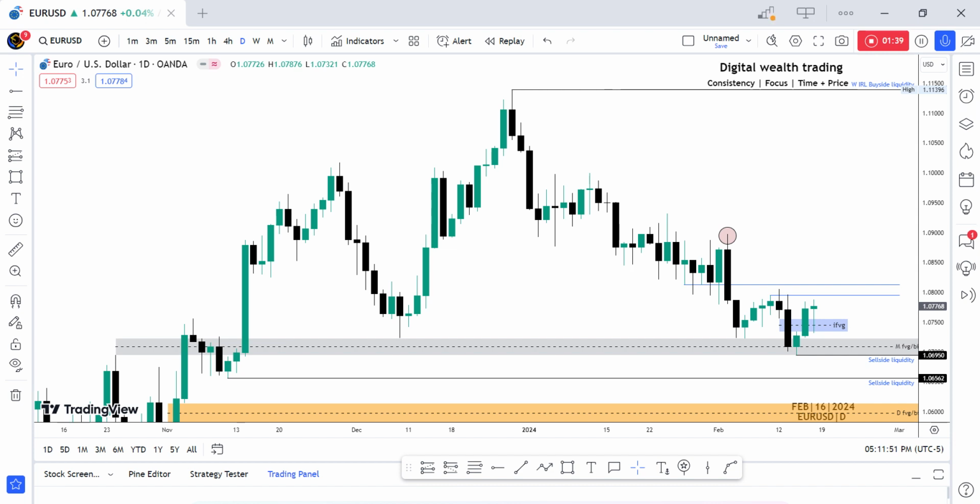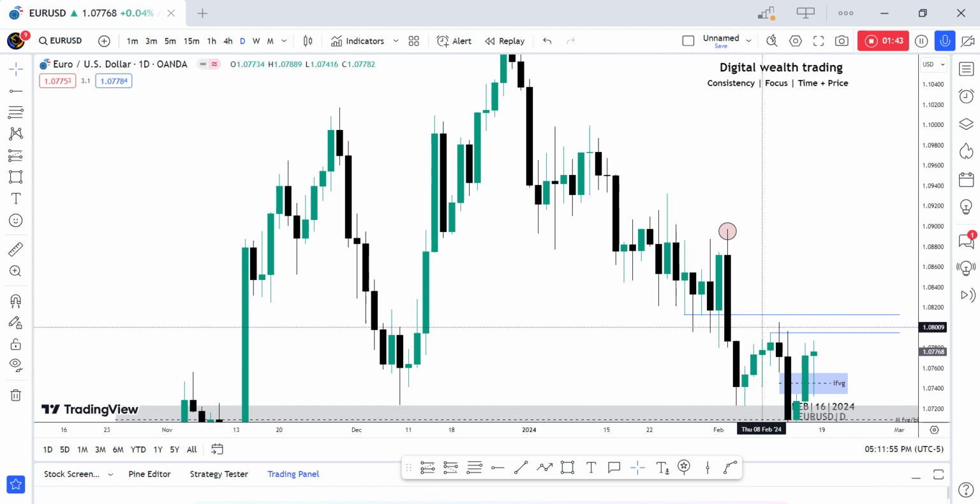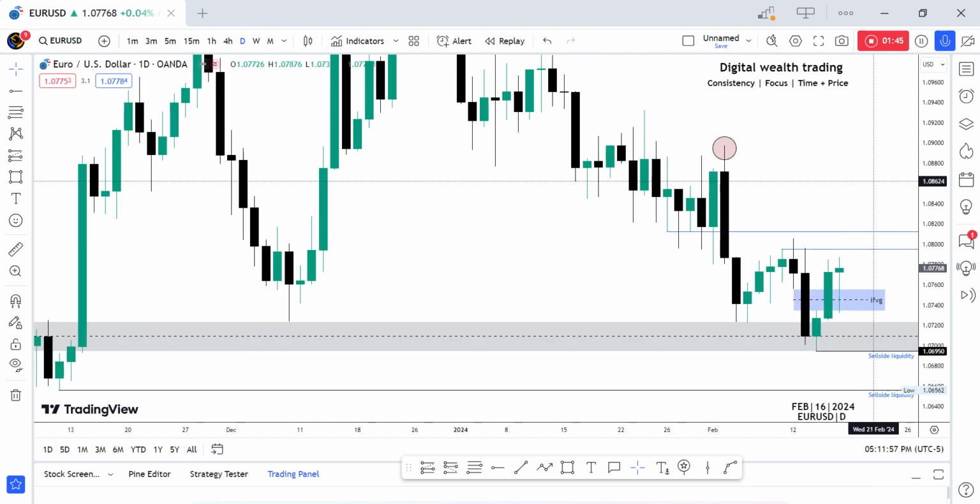Let's dive into the business since we have a lot to talk about and time is not on our side. The Euro US dollar daily candle for Friday, 16 February 2024 delivered as called out from yesterday's projection, but it did not deliver a true day candle, even though we took out the buy side liquidity.